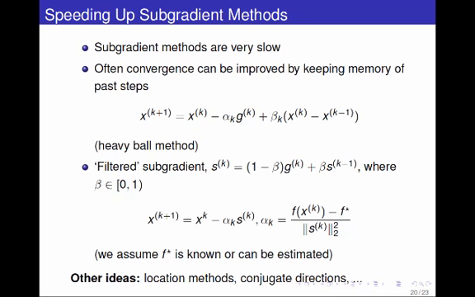Now, this can fail miserably. Let me show you why. You can already see it from one dimension. So suppose that my variable is bounded within this interval. And suppose I start from this point here as an initial iterate x1.